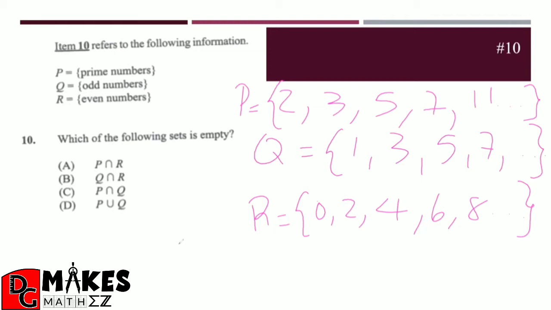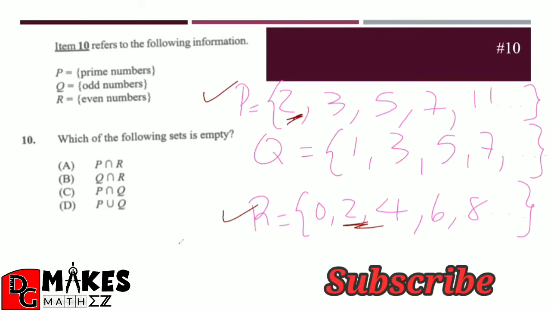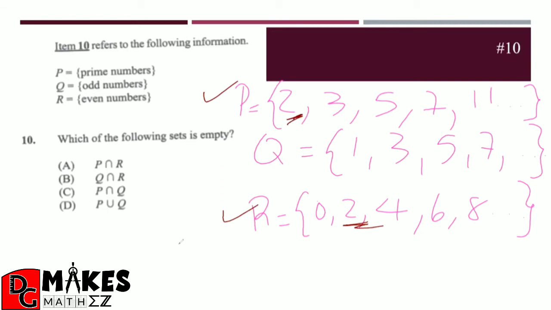P intersect R: when you talk about intersection, we're talking about whether there is an element that is common in both sets. So when you look at P and R, are there numbers in set P and set R that are the same? Yep, we see a 2. 2 is a prime number and also an even number. So that set is not empty. Okay, so this is not the answer we're looking for.